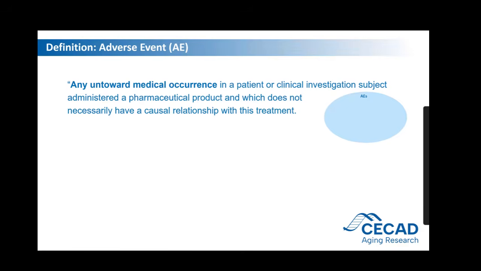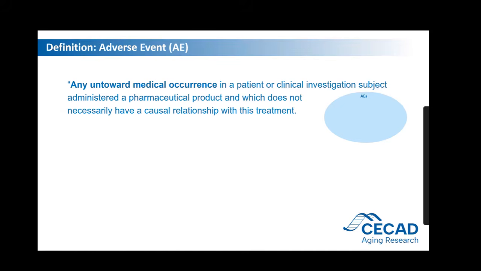But at any given time point, anything could happen regarding pharmacovigilance. So there could always be something happening with a subject that needs your attention. And any event that could happen, we call an adverse event.